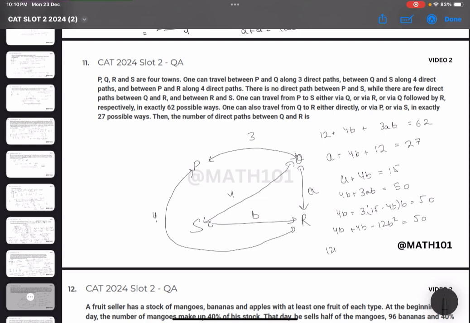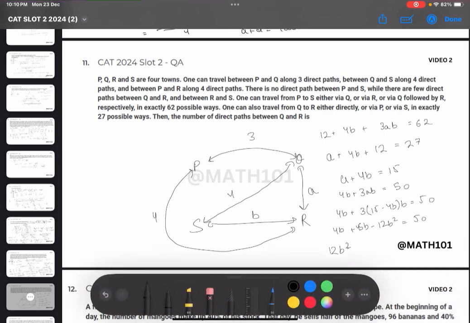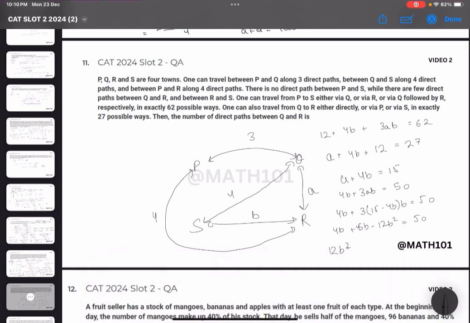So I get 12B square minus 49B plus 50 equals 0.